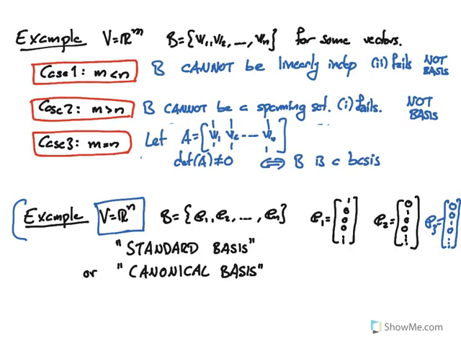Ej has a 1 in the jth entry. This is a particularly common and particularly nice basis to use. It's often called the standard basis. That's the terminology used in the book. I personally usually call it the canonical basis, so I may use that term every now and then. I'll try to remember to say standard basis, but if I say canonical basis, you should know it's exactly the same.